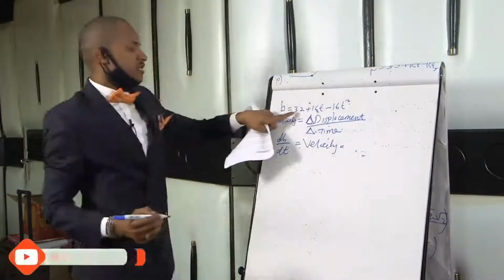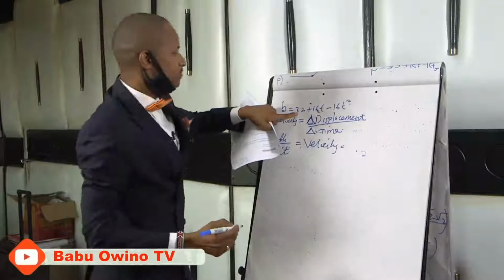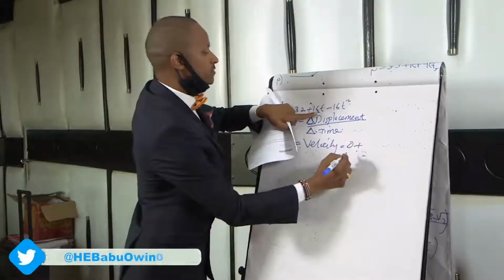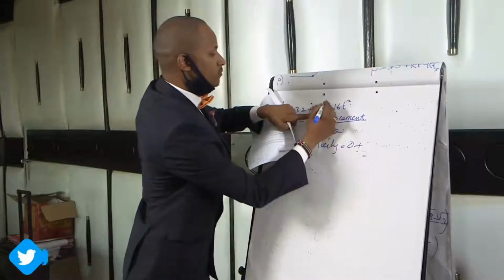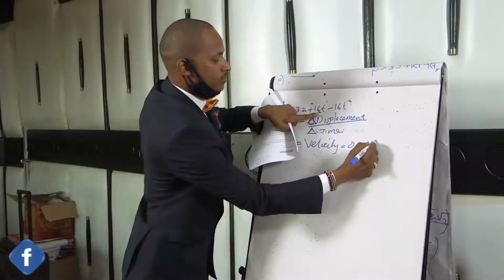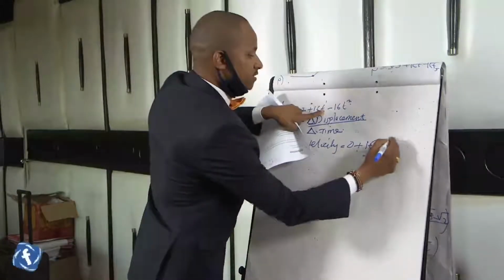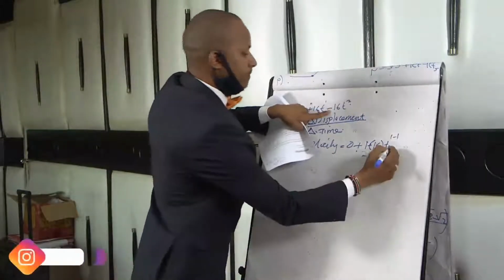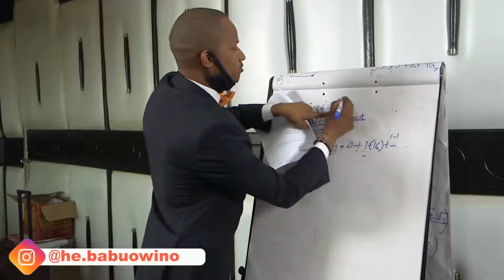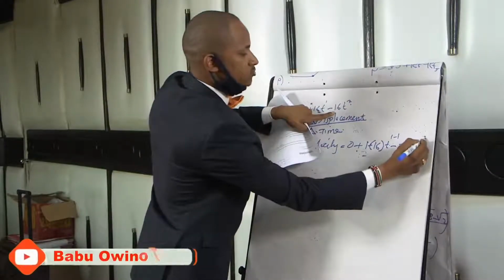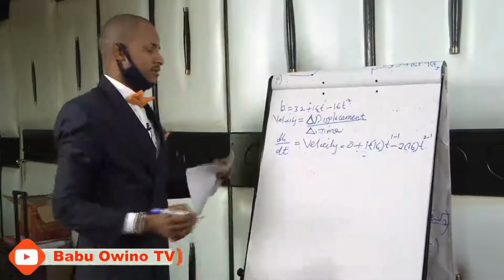When you differentiate 32, you get 0. Plus, when you differentiate 16t, you drop the 1 down, that is 1 times 16, you multiply by the constant, then t to the power 1 minus 1. Minus, you drop 2 down, that is 2 times 16, t to the power 2 minus 1, you subtract 1.